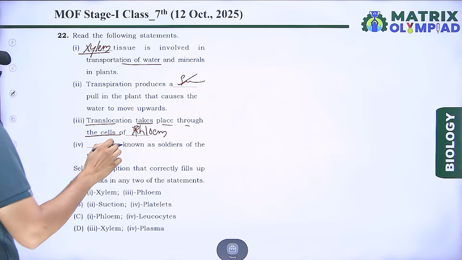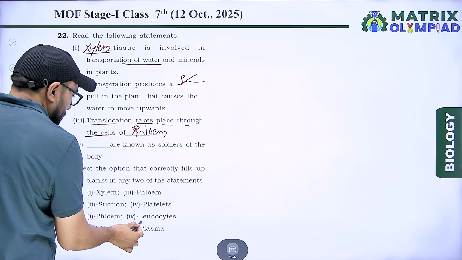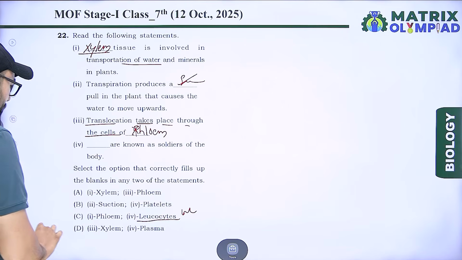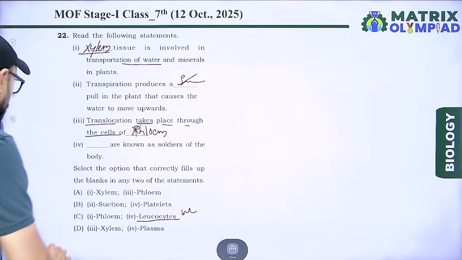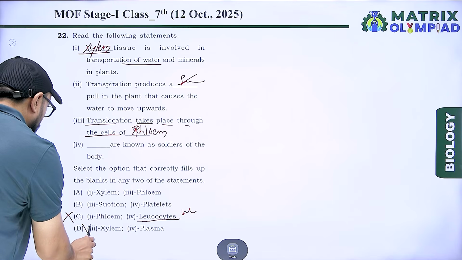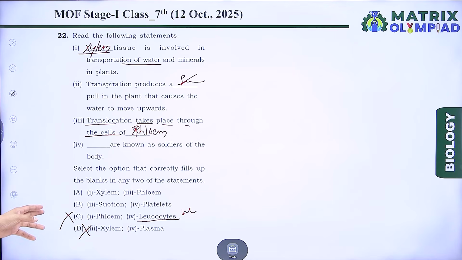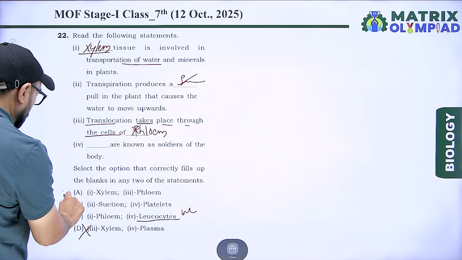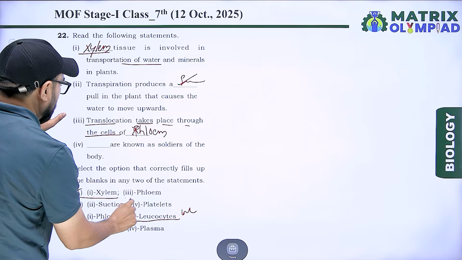Soldiers of body, that is leukocyte, WBC. First is phloem, no. C is wrong. And third xylem, wrong. Second suction, right, but fourth wrong. And according to 1, 2, 3, 4, A, xylem and 3.